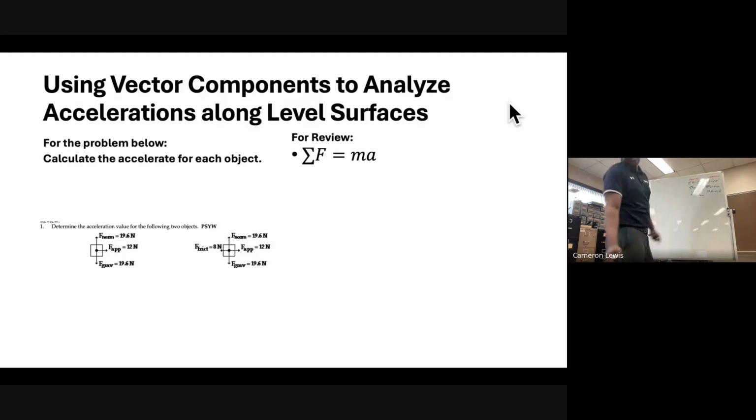You don't really have to do all of this, but I'm just doing this. It's equal to what? 19.6, yes. But we know that the force due to gravity is equal to an object's mass times the acceleration due to gravity. What is the acceleration due to gravity? 9.8.